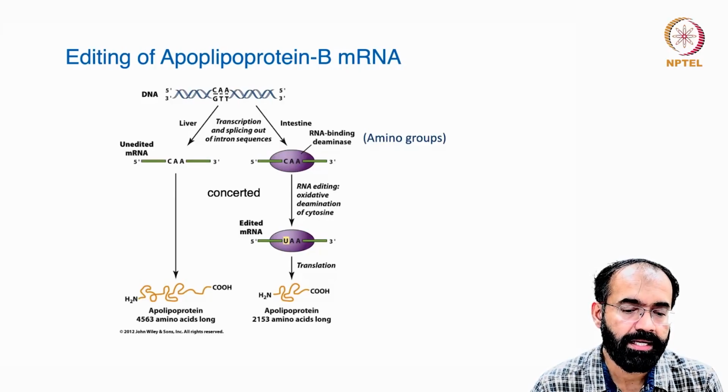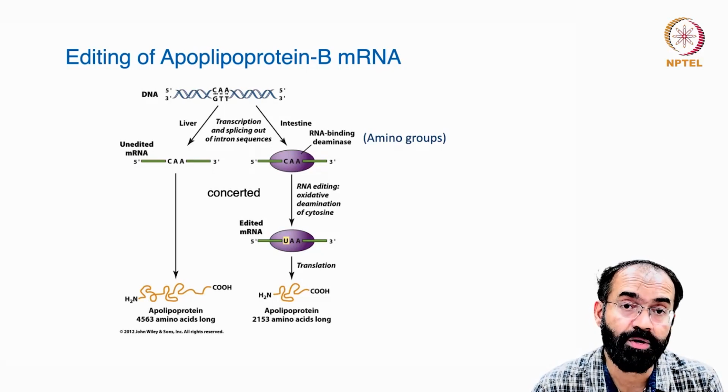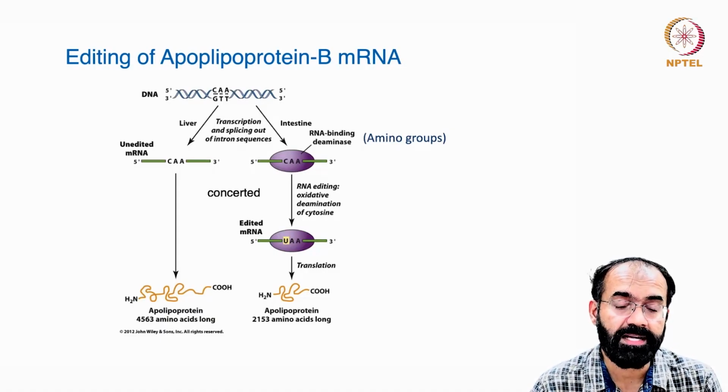So in the RNA you are supposed to have CAA, and it gives rise to a full-fledged protein in the liver, which is 4563 amino acids long. This is the apolipoprotein B which functions in the liver. Whereas in the intestine the case is different, and it is recognized by an RNA binding deaminase.